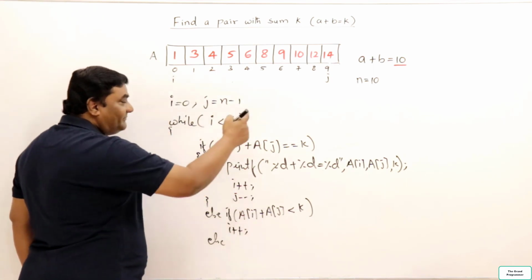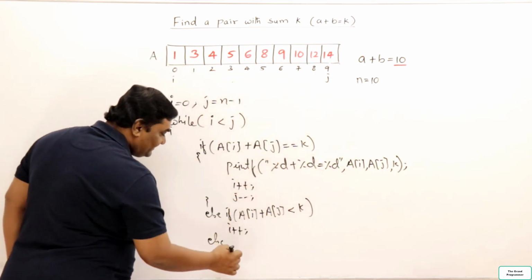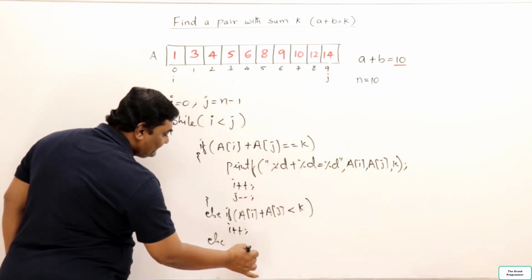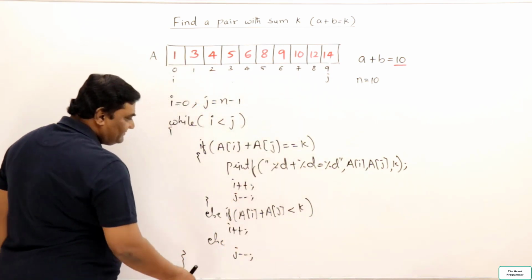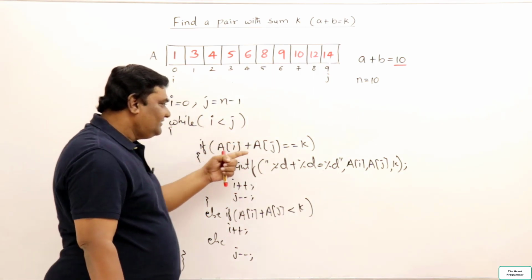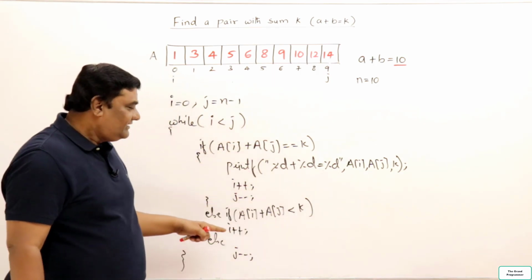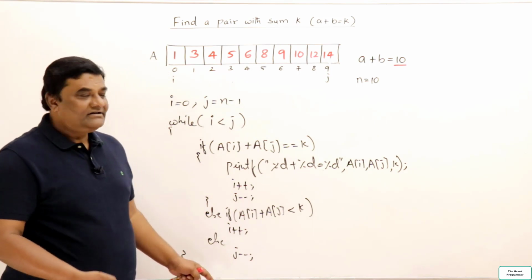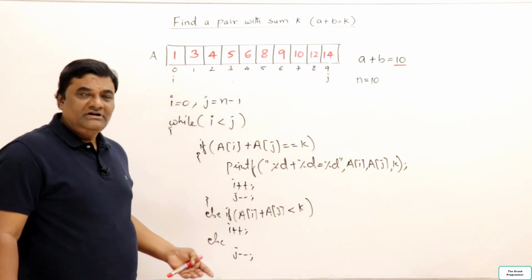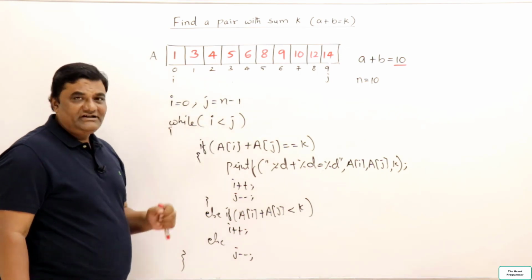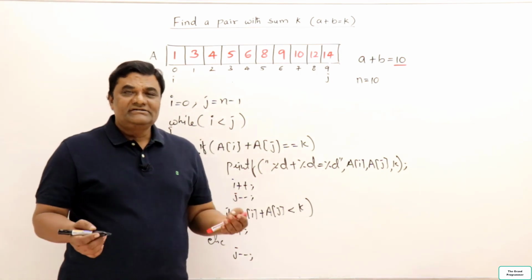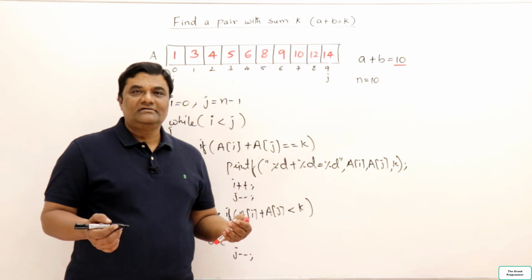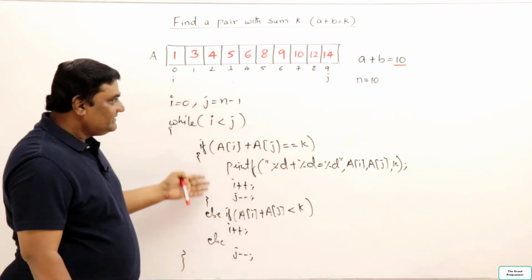Else means the number is greater, so I should decrement j, else j minus minus, right? See, if they are equal, do this. If it is less, then increment I. If it is greater, then decrement j. So this loop will continue as long as I is less than j, and it will stop once I is equal to j. So this is the procedure.